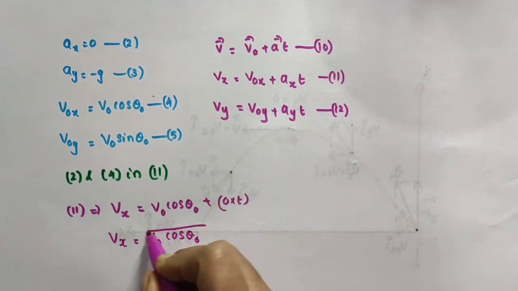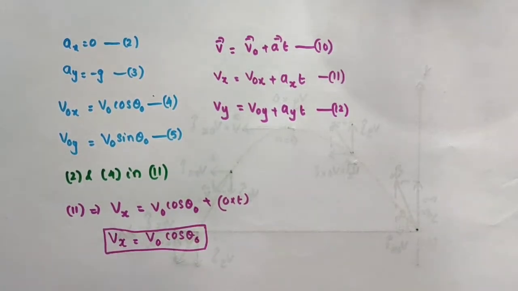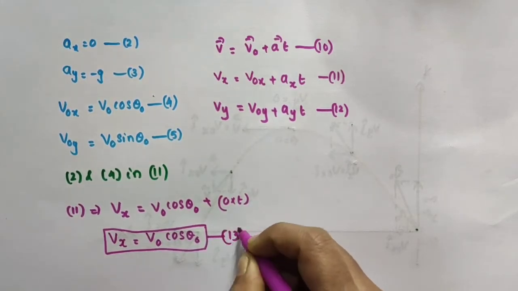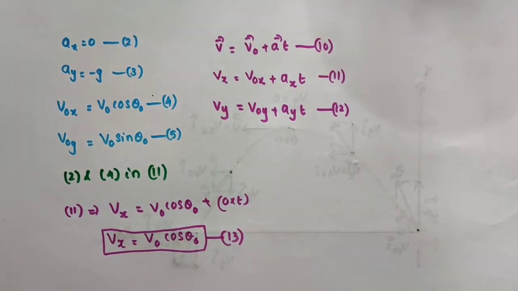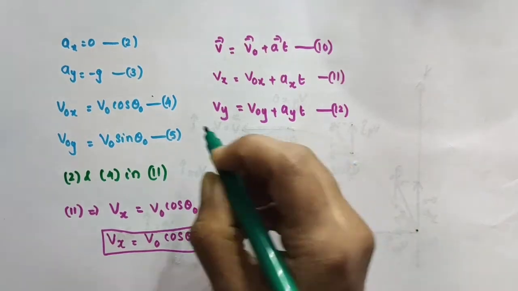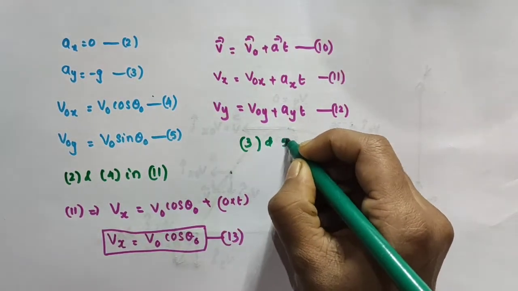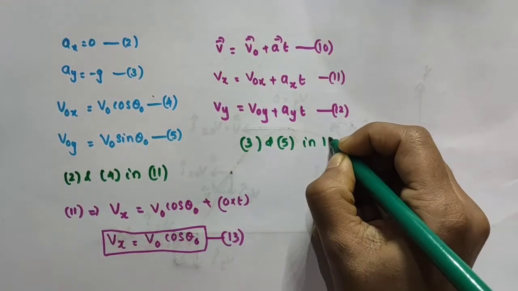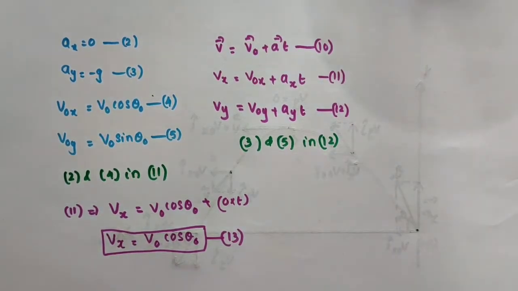So we got the x component of the instantaneous velocity, that is initial velocity into cos theta 0. I'm taking this as equation number 13. Next I'm going to apply equation number 3 and equation number 5, which we have already discussed, in equation number 12. What is our equation number 12?